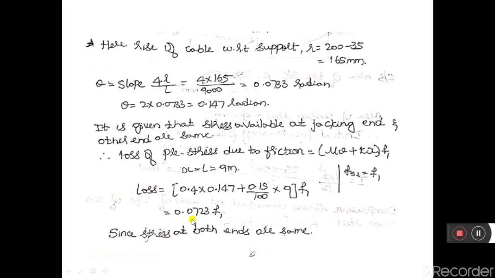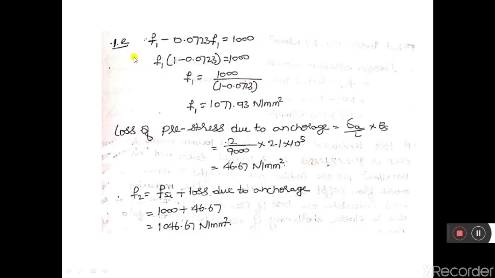In the question he has mentioned that the stress at both ends is the same. The stress at the right end as well as the stress at the left end is the same, that is 1000 Newton per mm square. We know that the initial pre-stress applied at one end minus the friction loss will give us the stress at the other end.